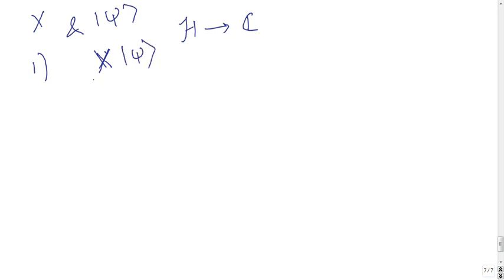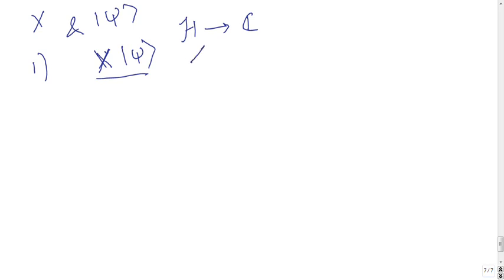Given a linear operator capital X and a ket ψ, we can construct a linear operator from the Hilbert space to the complex numbers C in two different ways. Number one, we can consider a ket formed by applying this linear operator X on the ket ψ. We can consider this ket and take its corresponding bra by complex conjugating it.